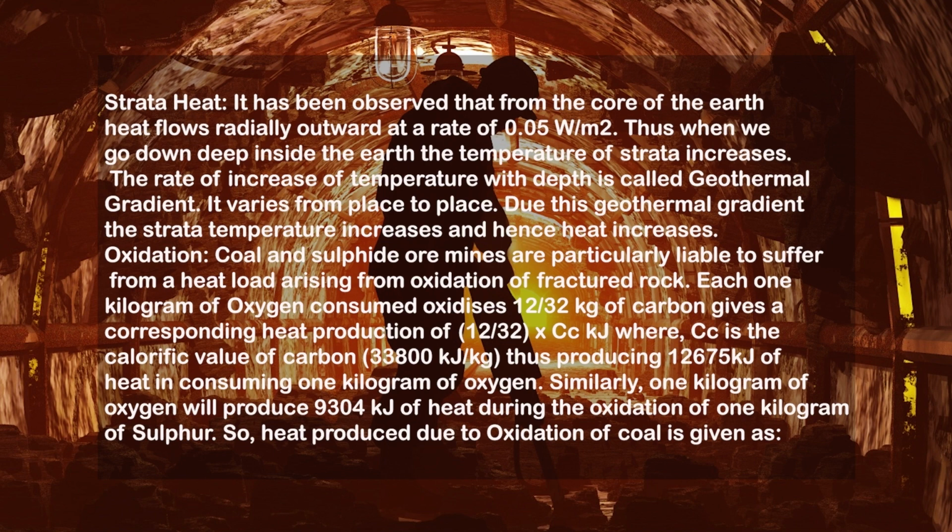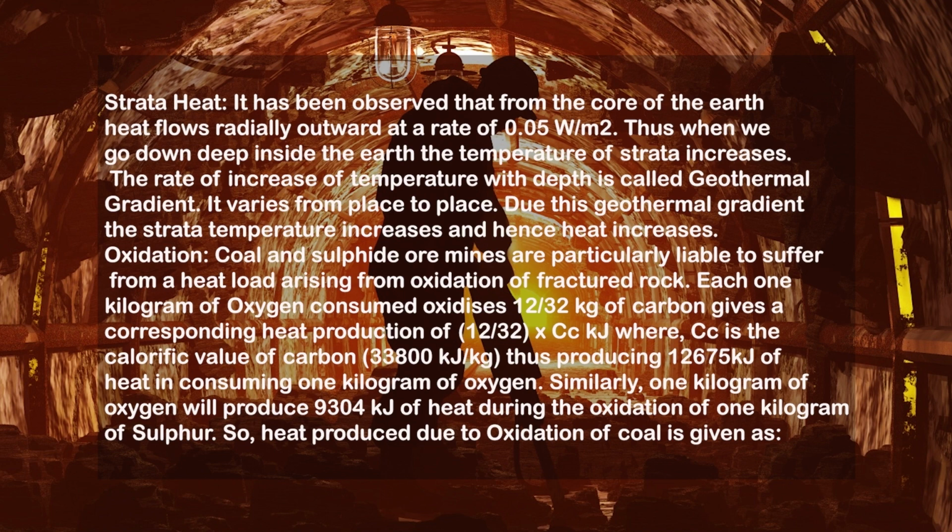Each 1 kilogram of oxygen consumed oxidizes 12 by 32 kg of carbon, giving a corresponding heat production of 12 by 32 into Cc. Cc means the calorific value of carbon, that is 33,800 kilojoule per kg, thus producing 12,675 kilojoule of heat in consuming 1 kilogram of oxygen.